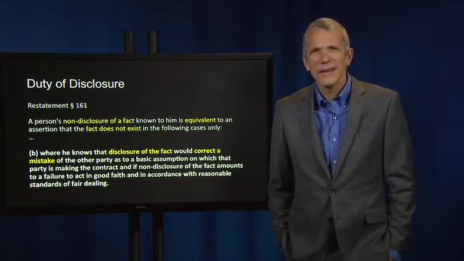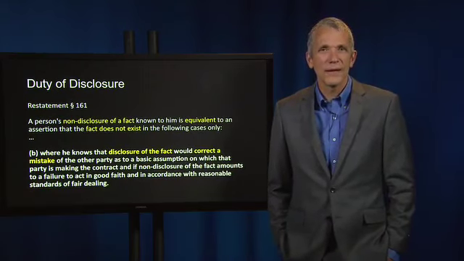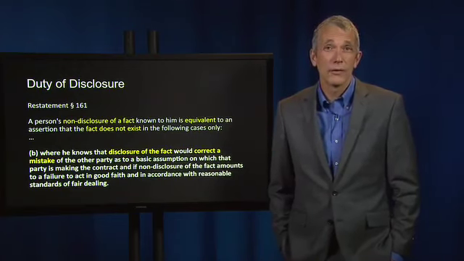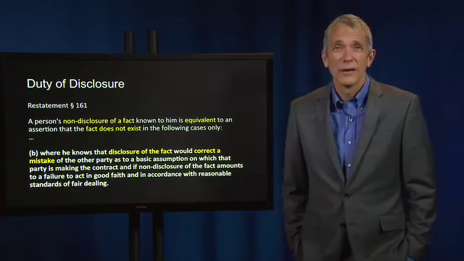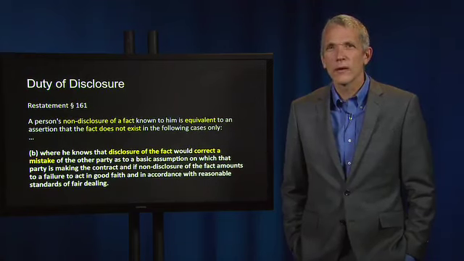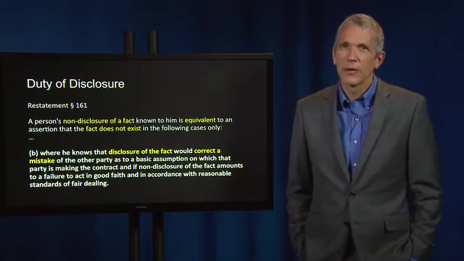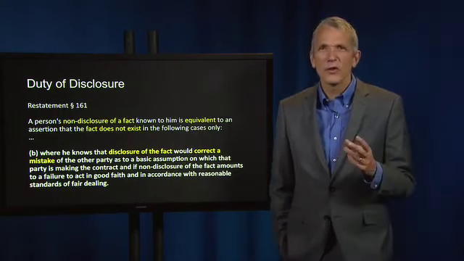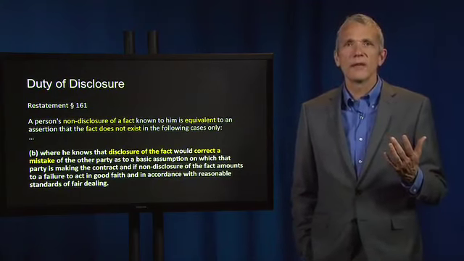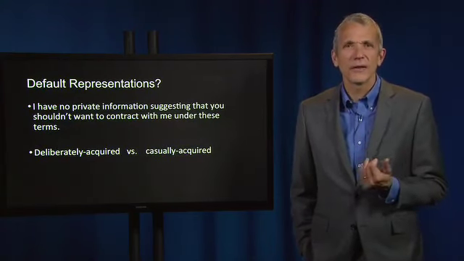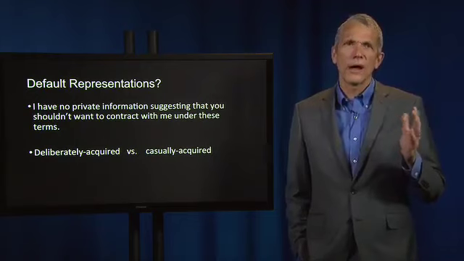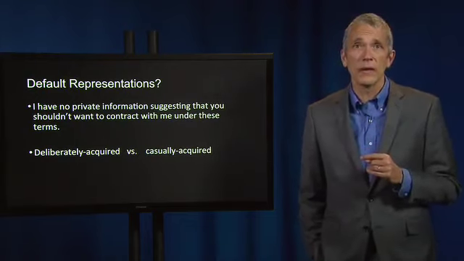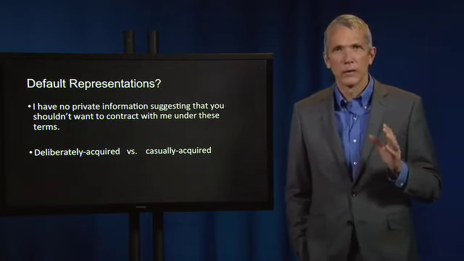If courts can hear implicit representations in response to a question or in response to representations, why couldn't courts go further and hear default or implicit representations as a part of all promising? Imagine the law created a default representation by every contractor which said, quote, "I have no private information suggesting that you shouldn't want to contract with me under these terms," unquote.